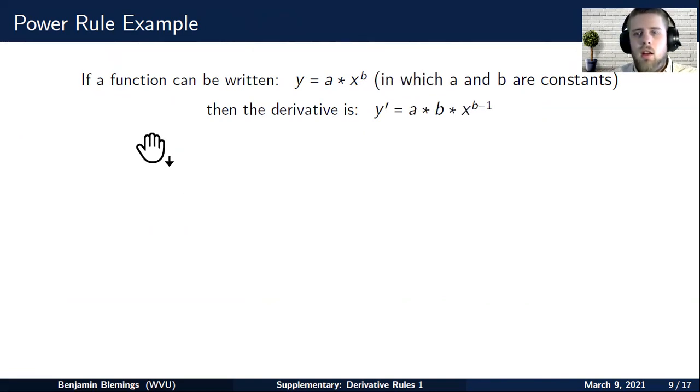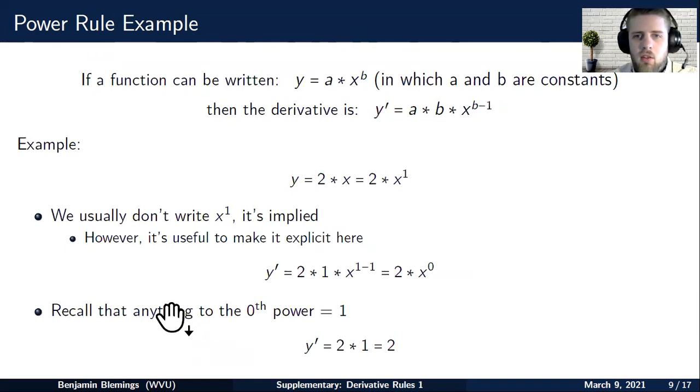With 2 times x, you just multiplied 2 times x to the 1, so 2 times 1 is 2, and then you subtracted 1 off of b, or off of 1, and that was x to the 0, which equals 1, and then you were just left with 2.